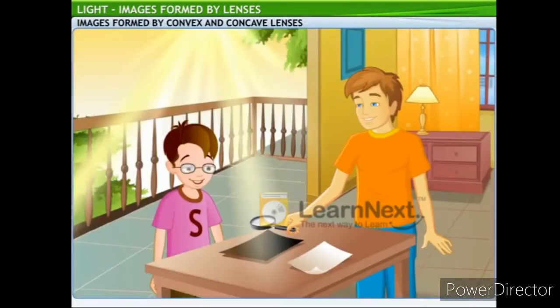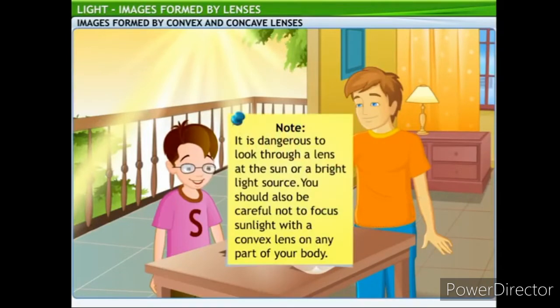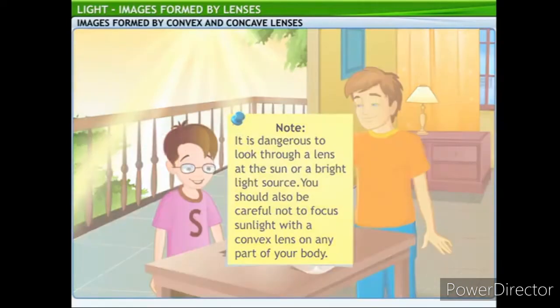Never try this on your own, okay? You may burn your hand if you're not careful. It's dangerous to look through a lens at the sun or a source of bright light. You should also be careful not to focus sunlight with a convex lens on any part of your body.